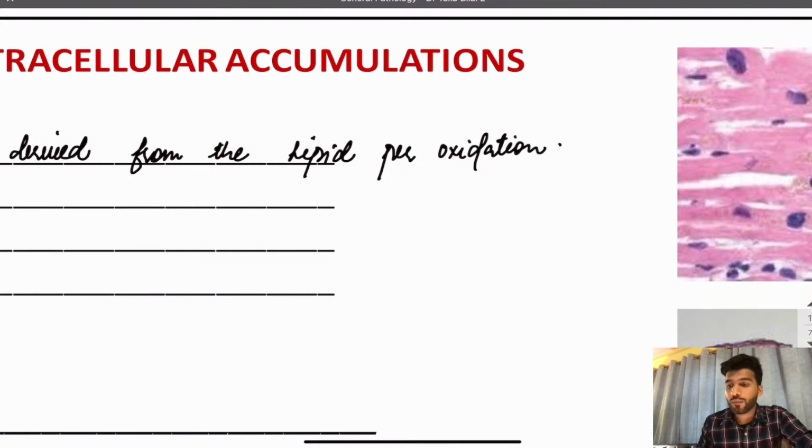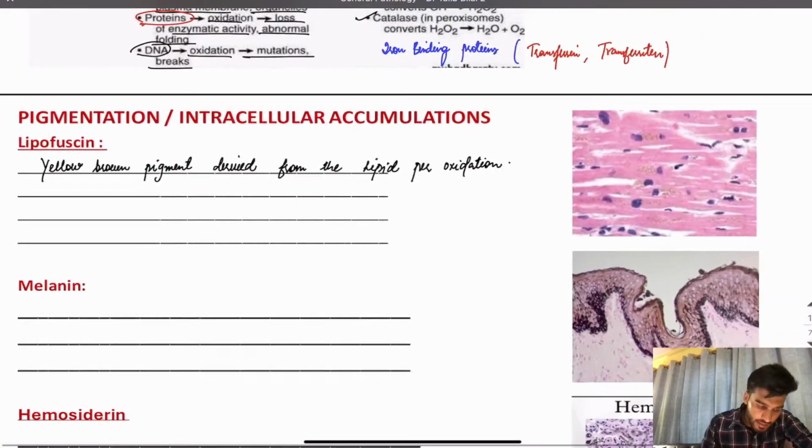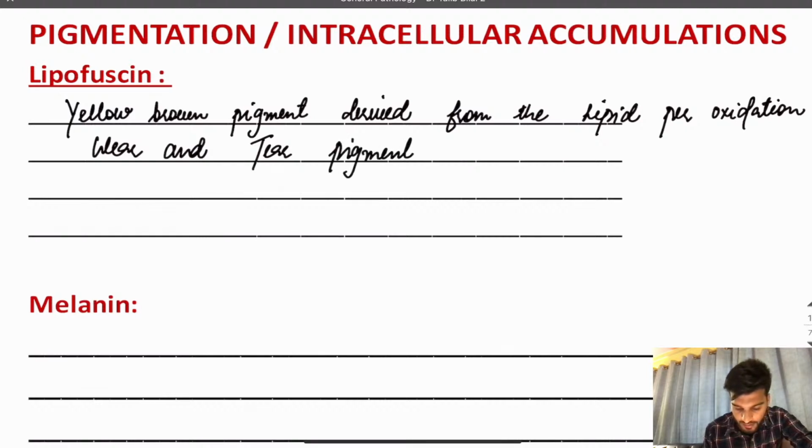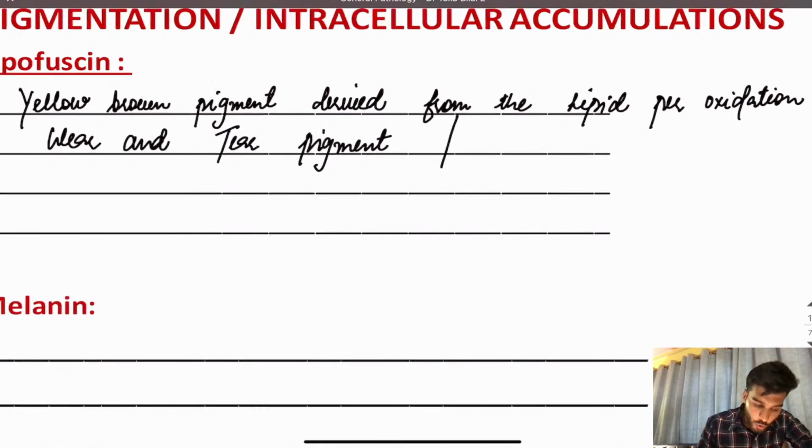It's also called wear and tear pigment, or pigment of aging.